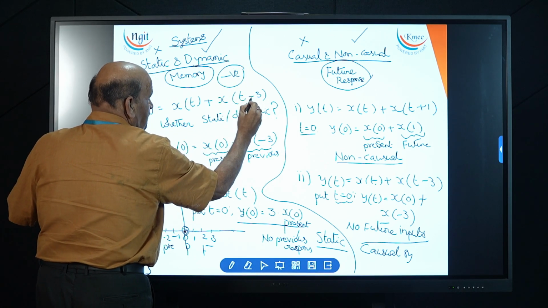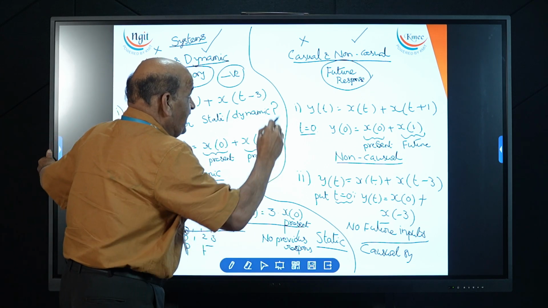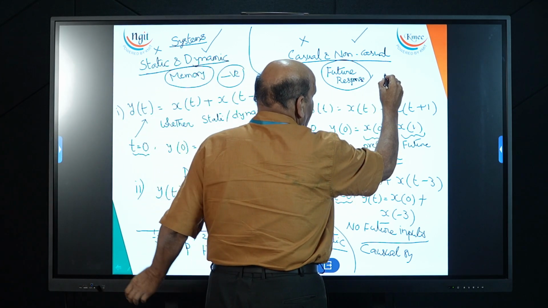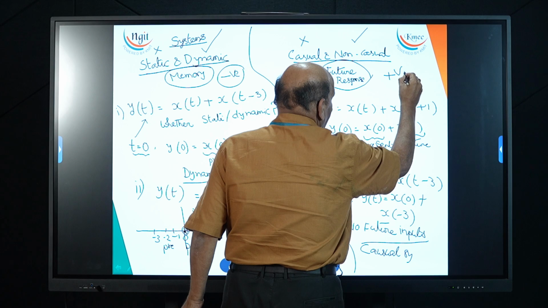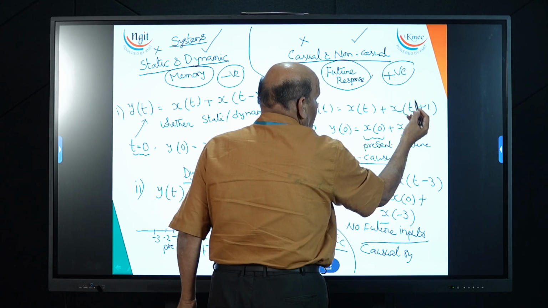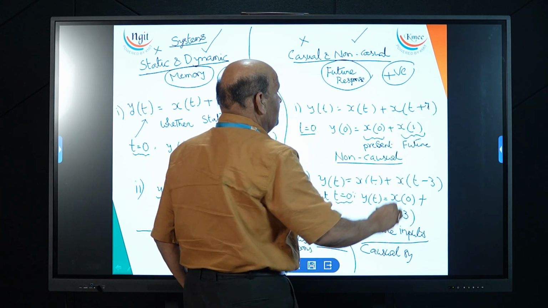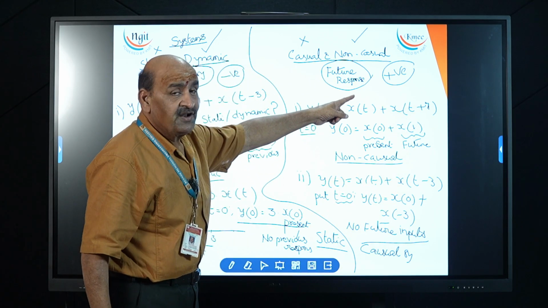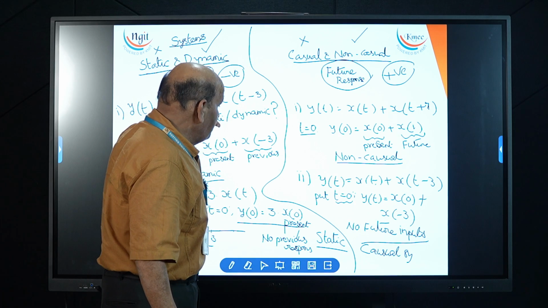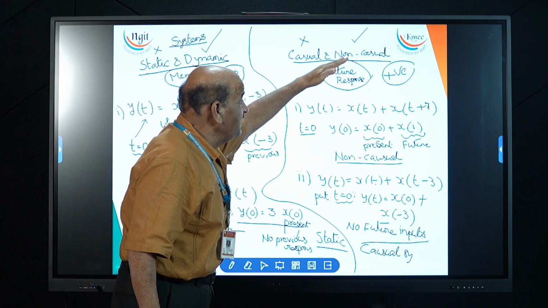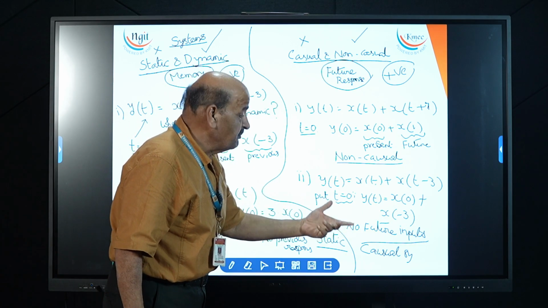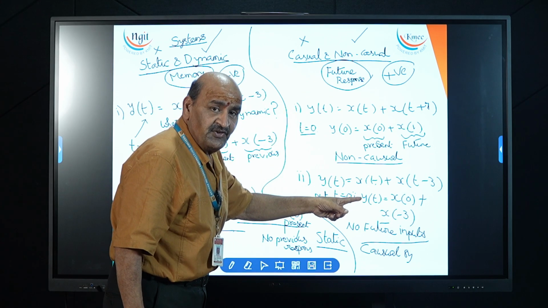Causal and non-causal system differentiation is always with what? Positive sign. Look at t plus 1 or t plus 2 or t plus 7, all with positive response.